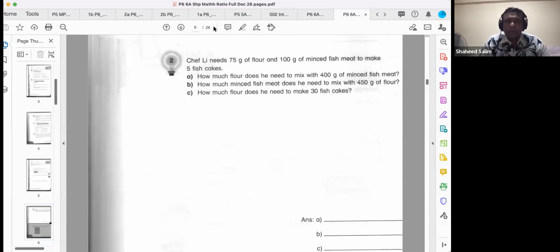So this is like a formula. Okay, Miss Silva, I do also the same.